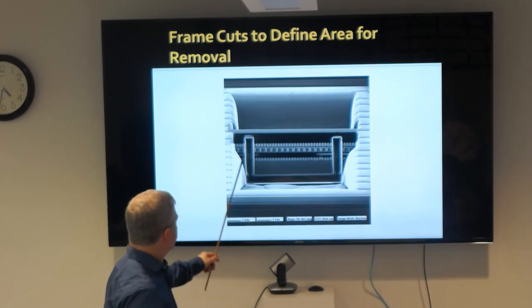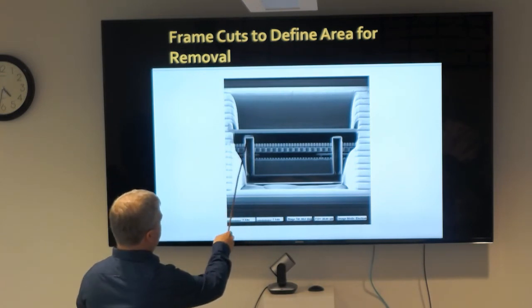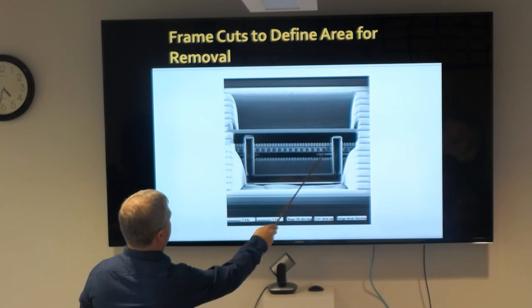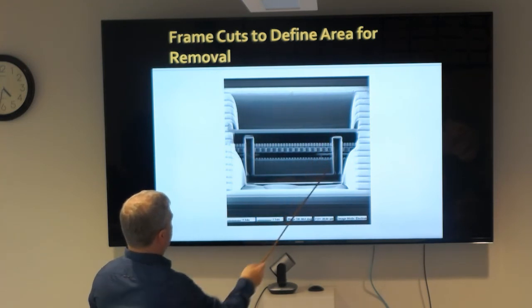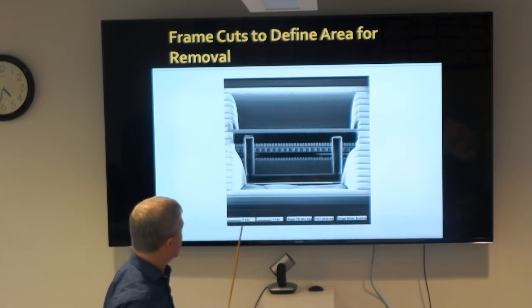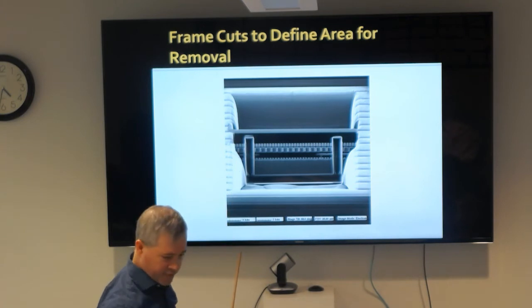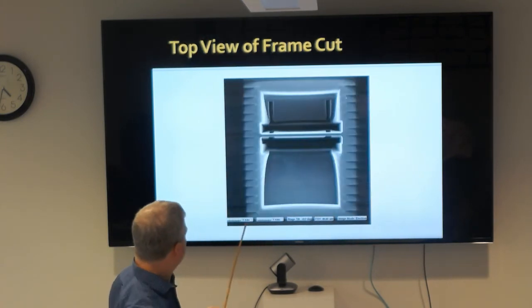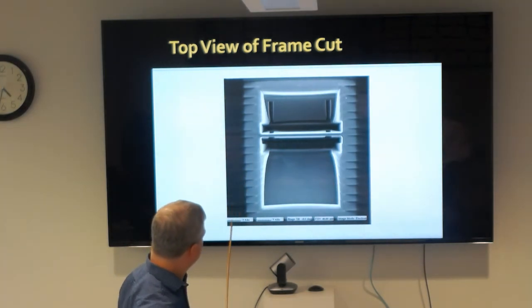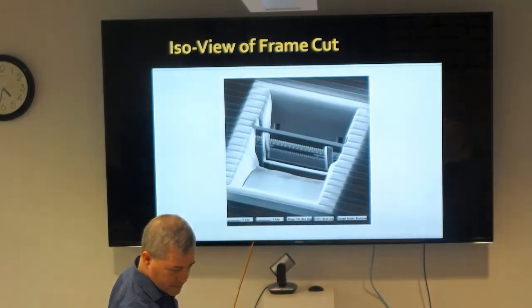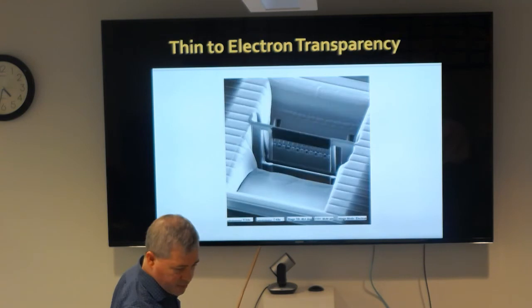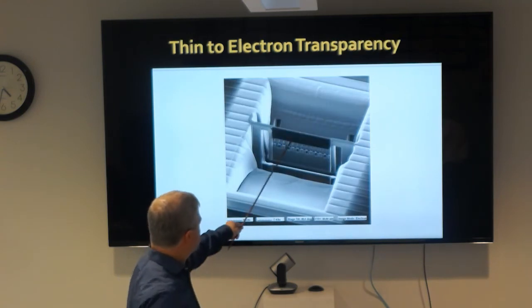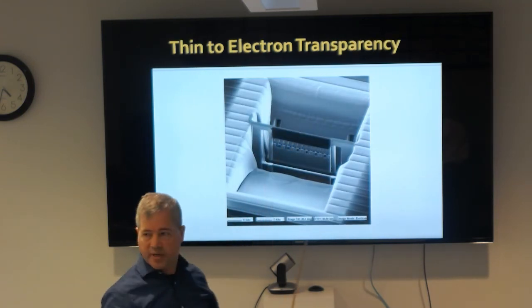You then cut around it using the ion beam to cut almost all of it off, but leave a little piece attached to define the area for taking it out. Again, here's the top view of it. And then you thin it to make it very, very, very thin, to be electron transparent in TEM.